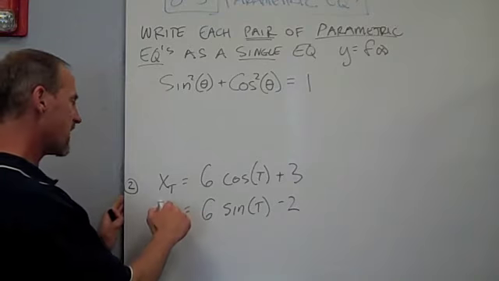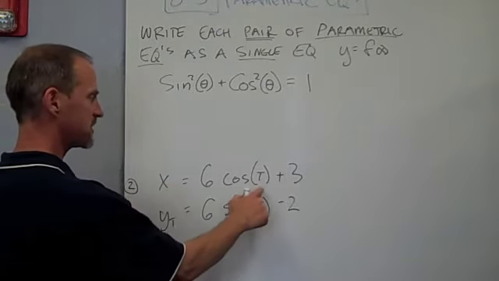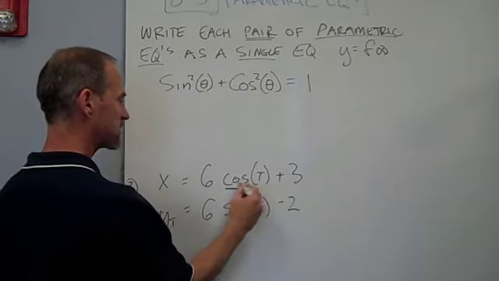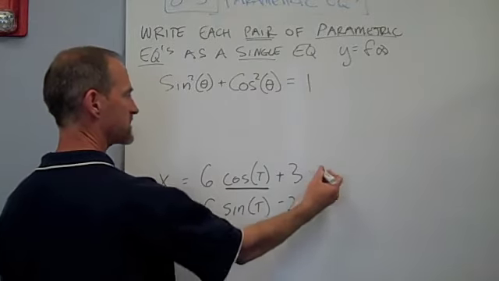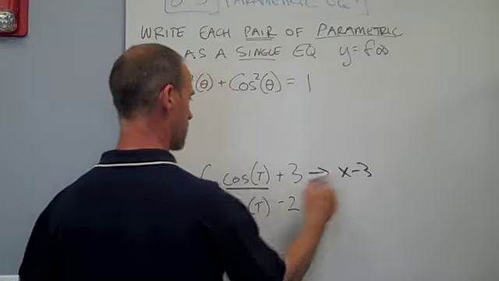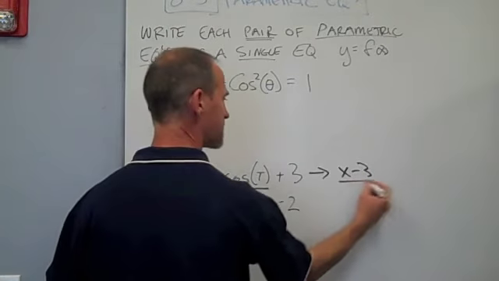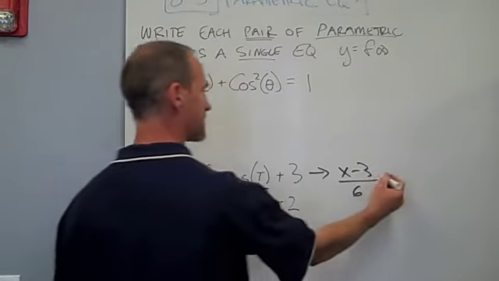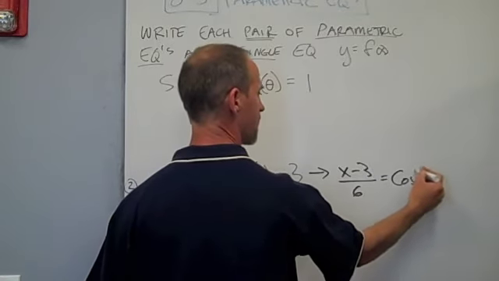What I do is I solve each of these for just the cosine. All right, so if I solve this for the cosine, I'm going to get x minus 3 when I take 3 away from both sides, and then I divide by 6. And I get that is equal to the cosine of t.